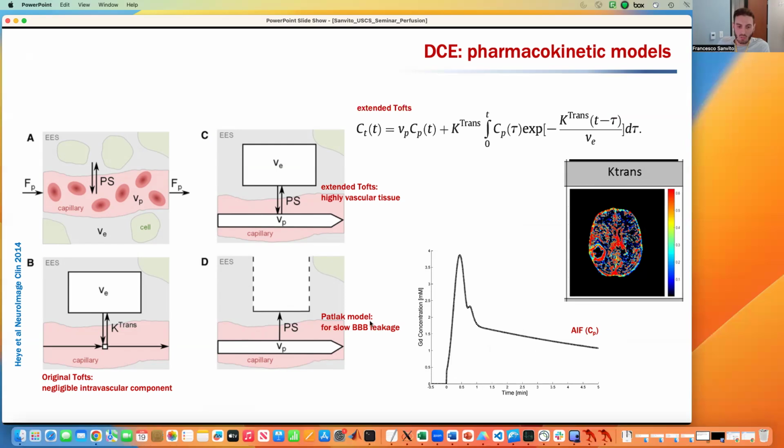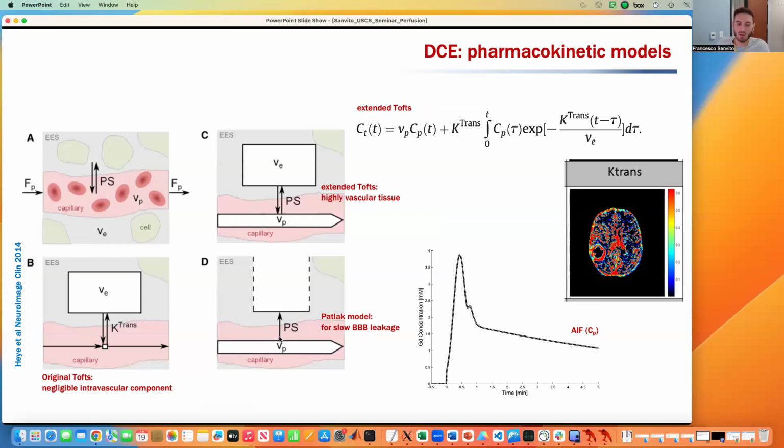Finally, I want to mention the Patlak model. This is to understand how the results that we have, the Ktrans that we model, depend on the type of tissue structure that we are assuming. The Patlak model models differently because it assumes that the leakage of the blood-brain barrier is much, much slower.